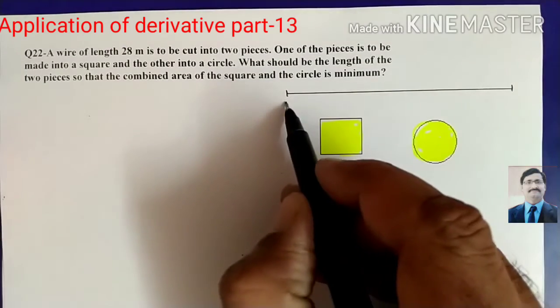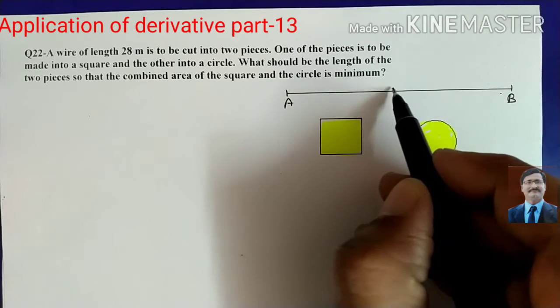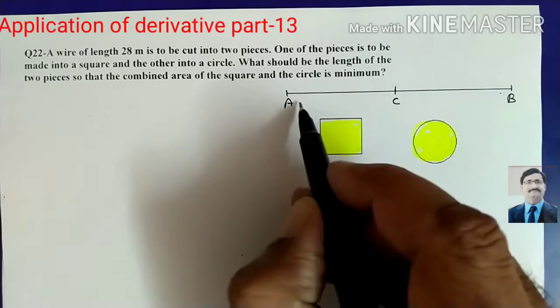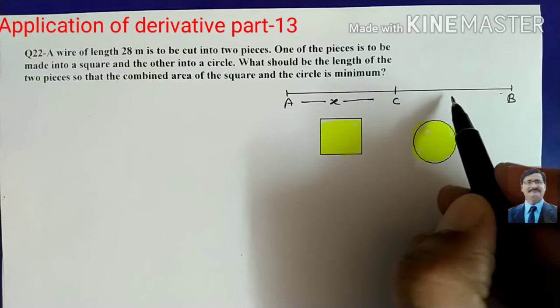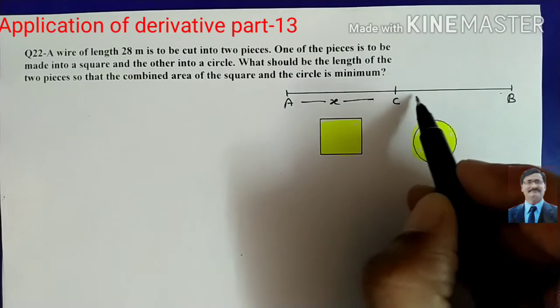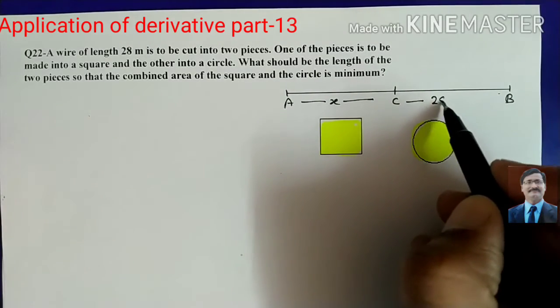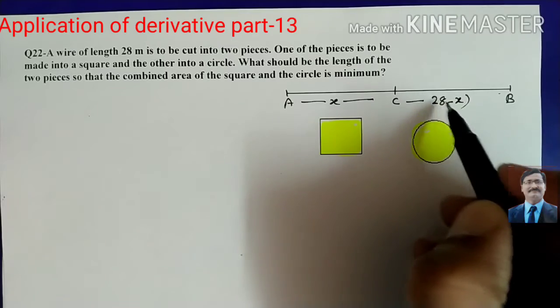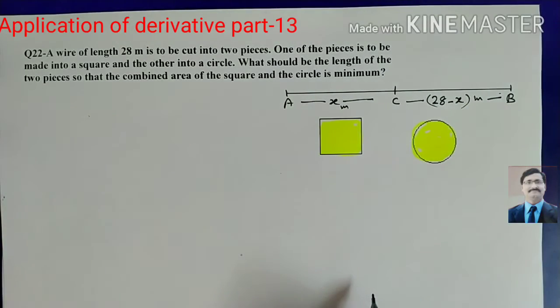Look here, we will take here A, and here is B, and here we take C. This distance we suppose x, and the total is 28. So this part will be 28 minus x meter.